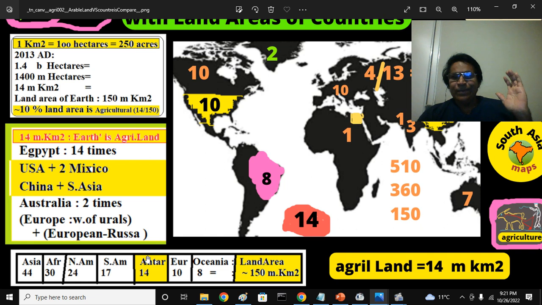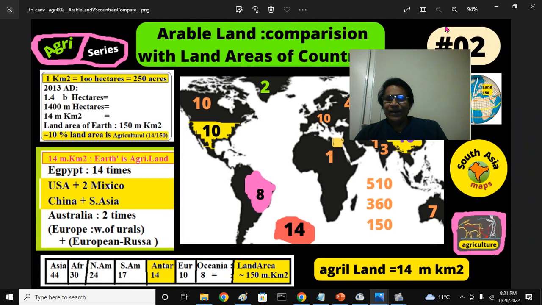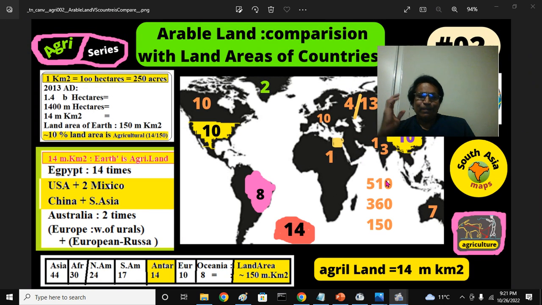That is the arable land. Remember, Antarctica is 14, 2 weeks, a fortnight. Europe is 10. Oceania is 8, among which Australia is a part. We have Fiji, New Zealand, Papua New Guinea, and all those other areas. Land area is 150. A person living 100 plus 50 years is 150. So that should make things very easy, a bird's-eye perspective for you.